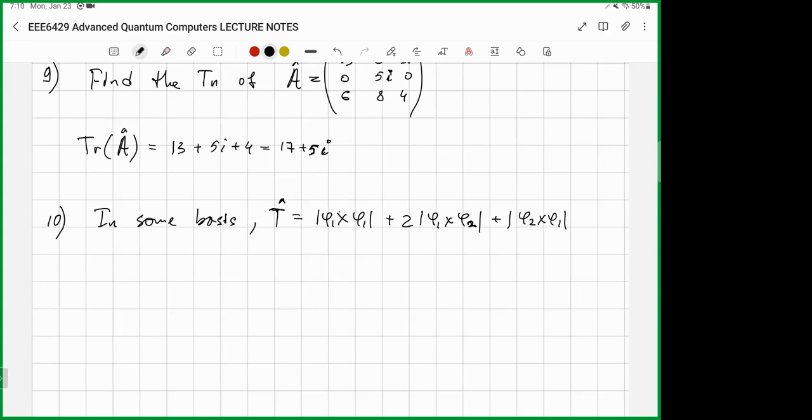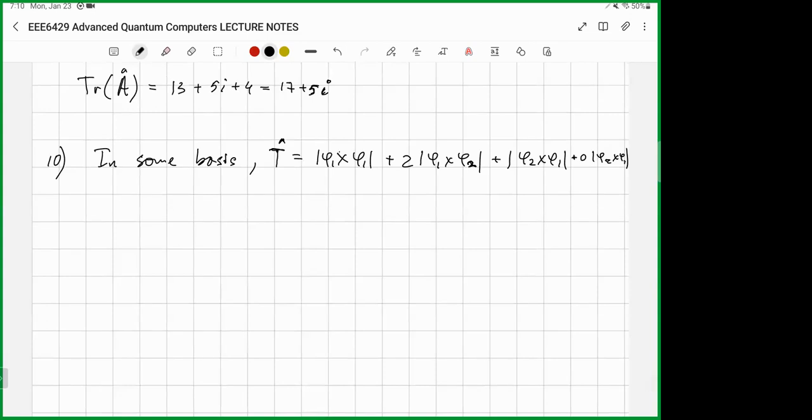No element phi2 by phi2, which means that the coefficient is equal to 0. I can write this way, 0 times phi2 phi2. So you see that this is the outer product representation of the operator T.